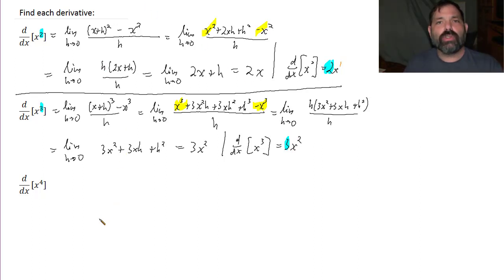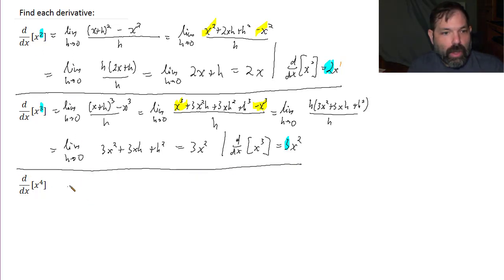Any guesses? What's the derivative of x to the fourth? Well, maybe you made a guess. Let's figure it out one way or another. So let's go through the process one more time. This would be the limit with h approaching 0 of x plus h to the fourth power minus x to the fourth over h.